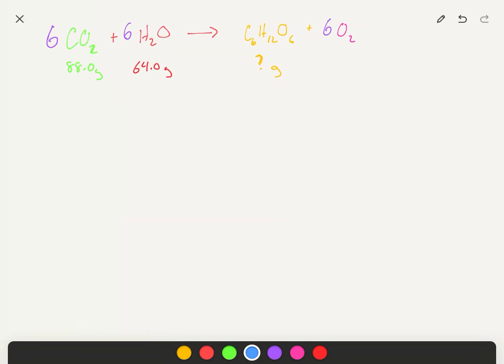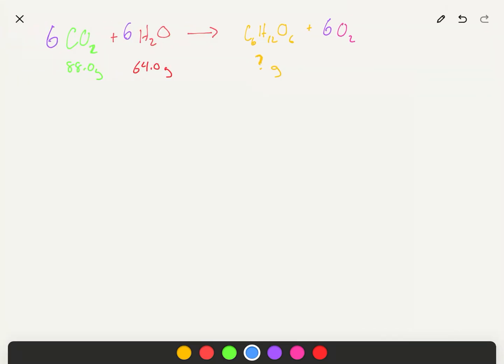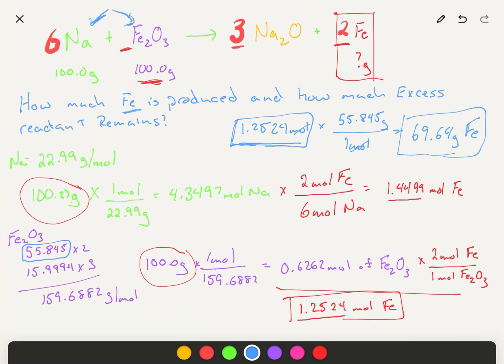So let me go to a blank page. 1.2524 moles of iron was produced, and we need to figure out how much sodium we had left over. So we're going to multiply by our molar ratio from our balanced chemical equation, which if we go back over here, every 2 moles of iron that's produced uses 6 moles of sodium.